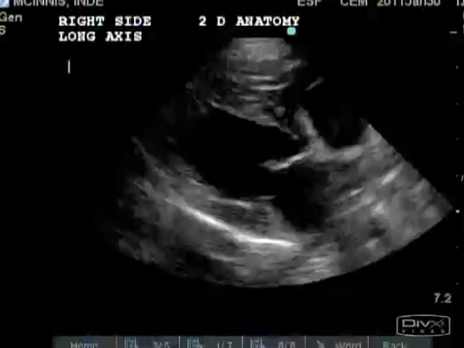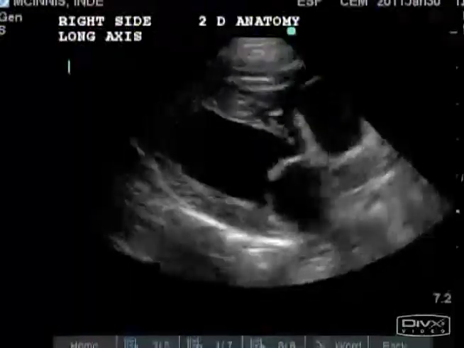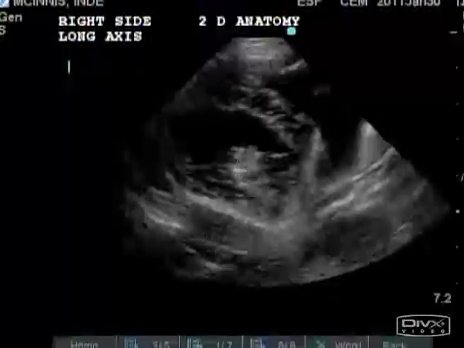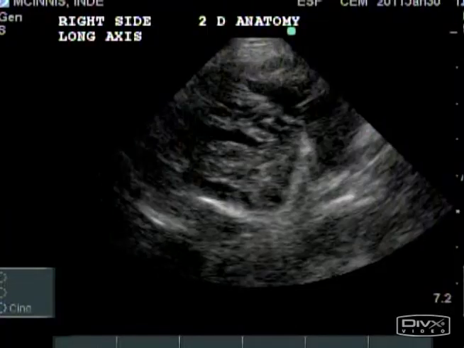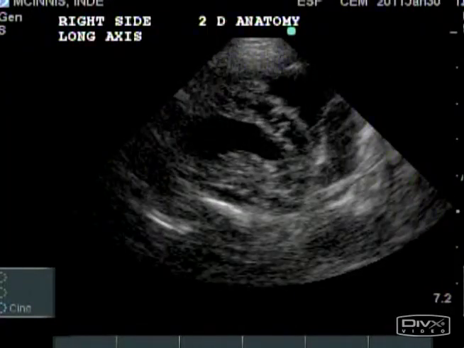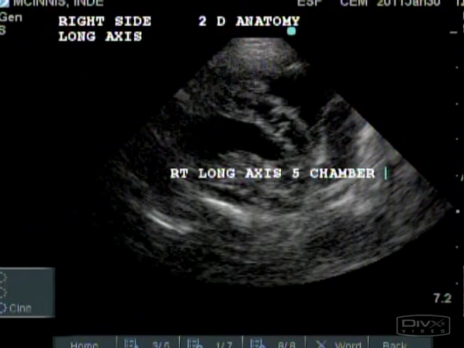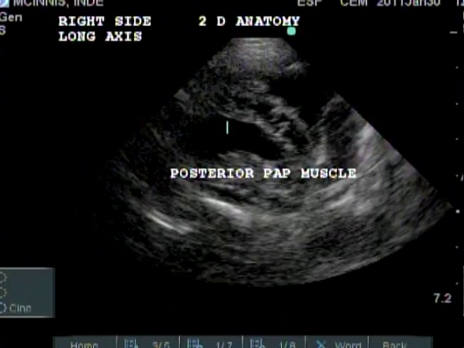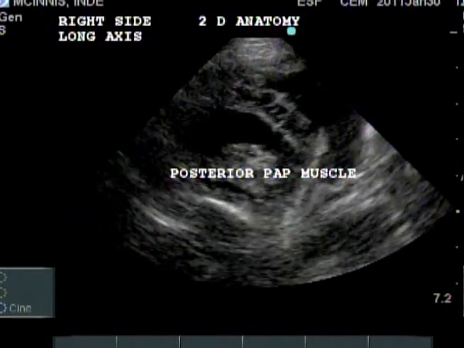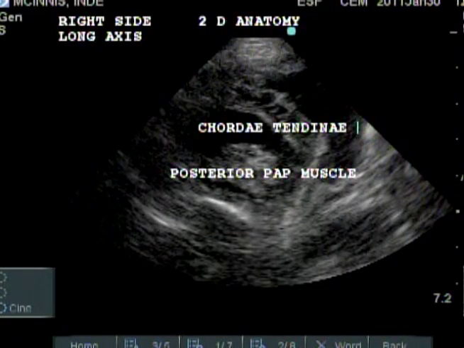If you fan or slide a little caudally, you see the posterior papillary muscle of the left ventricle, and the chordae tendineae of the posterior mitral valve leaflet.